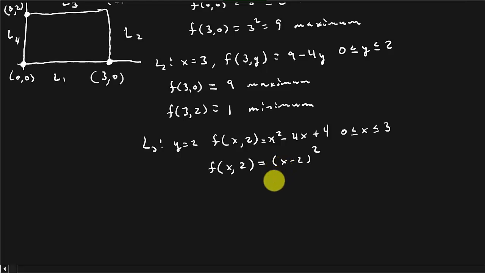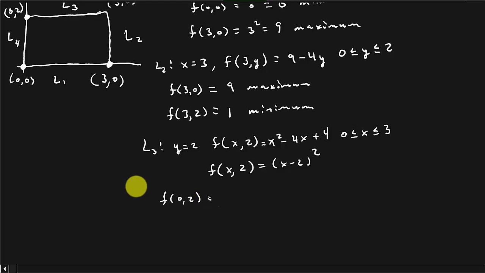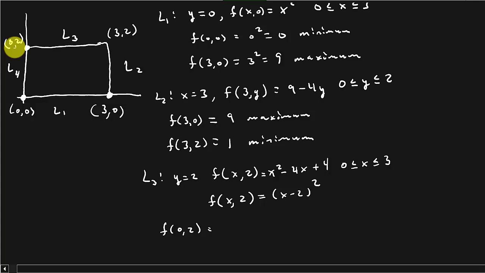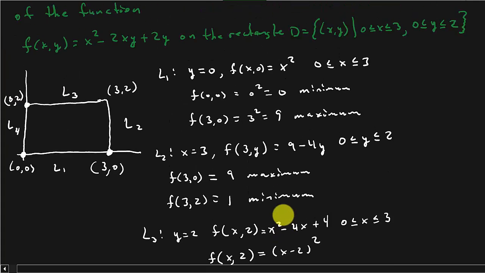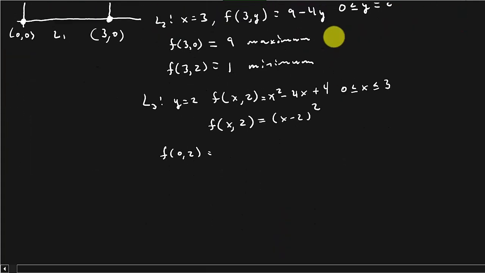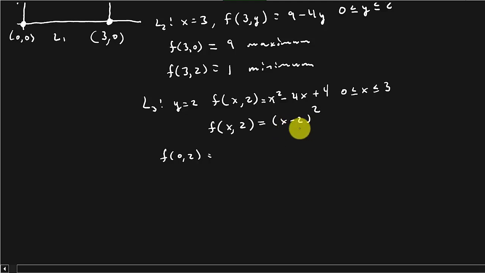That's going to give us a 0. Okay. So if you look at f of 0, 2, we're going to look at this point right here. If we plug 0, 2 into this, that's going to give us 4.